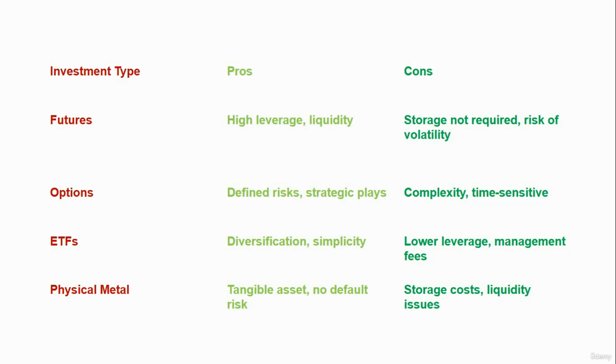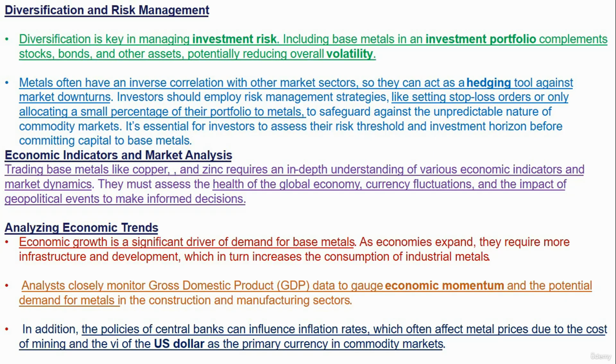ETF gives diversification. It is simple, and leverage is low, but there are fees in managing the ETF. Physical metal is an asset. There is no risk, but storage cost is high, and liquidity, how we have to make it liquid, is always a concern.